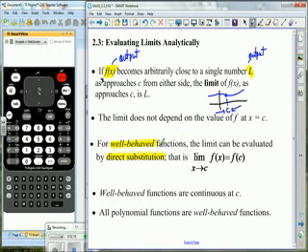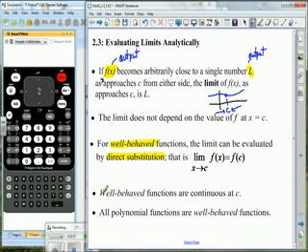What that means for us is we're going to take our problems that are given to us, and do the best we can with as much algebra and mathematics that we have learned from other math courses to get them to be well behaved, so that when we are trying to find the limit, all we have to do is make a direct substitution of that input value that we're approaching. We can just directly substitute that into the function that we're evaluating.